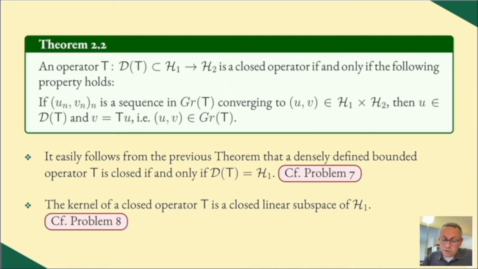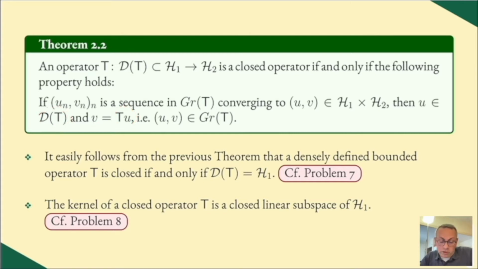And saying that an operator is closed is completely equivalent to this property here, namely that if you take a sequence in the graph of T, so it means that v_n actually is the image of u_n by the map T, which converges to some element (u, v) in H1 times H2, then u must be in the domain of T and v must be the image of u.